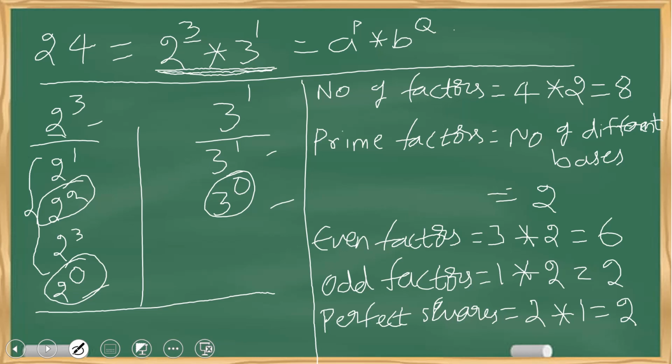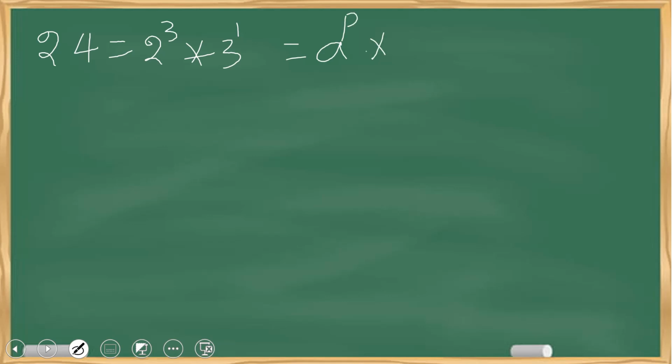Okay. Now, sir, there should definitely be another way of explaining the same thing based on the formula also. Now, 24 can be written as 2 cube into 3 power 1. I asked you to compare this with a power p into b power q.